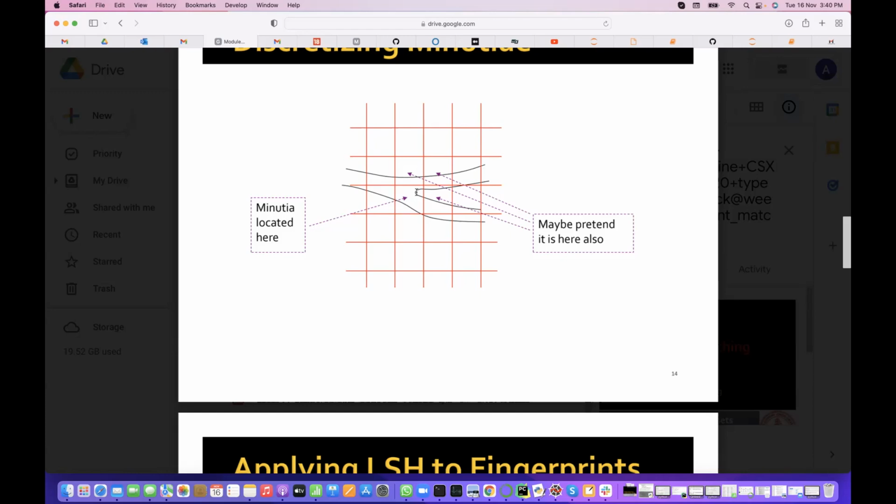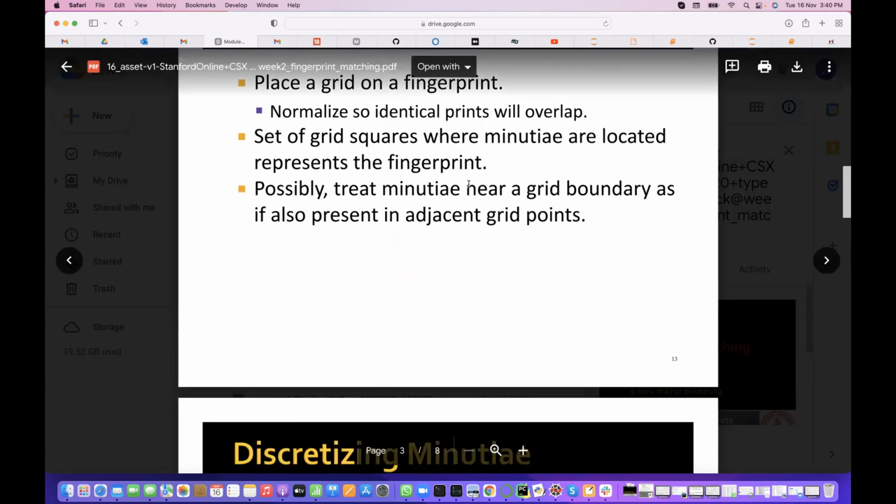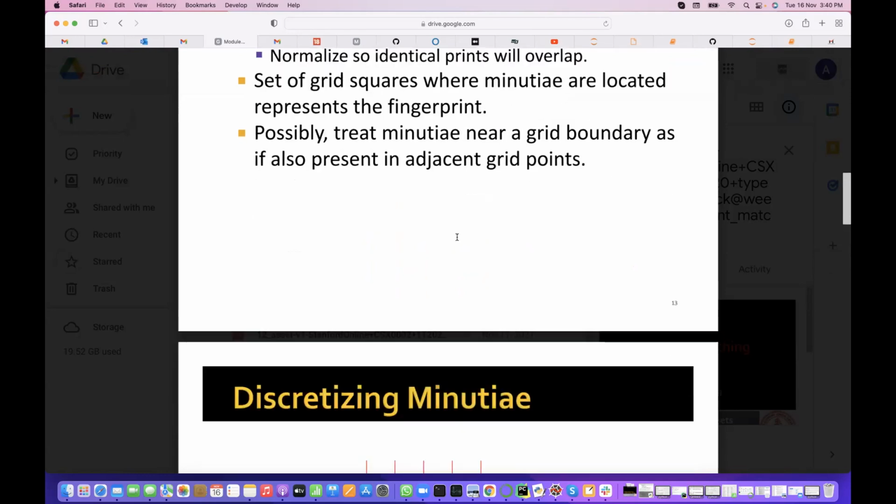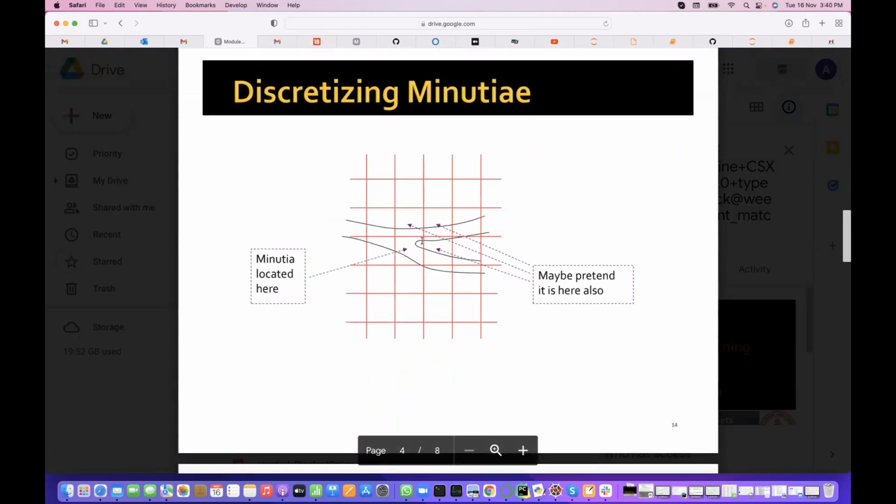Only one. But he said, possibly treat minutiae near a grid boundary as if also present in adjacent grid points. Then what are the adjacent grid points for this? Above, side by side, they are taking, right?